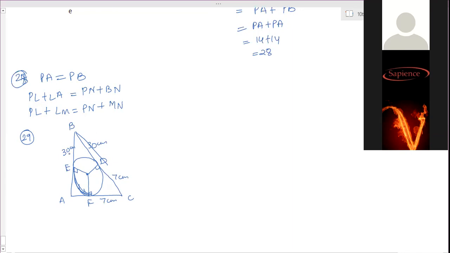BDC is a tangent to the circle. So AF is x. You have to know this is 90 degrees. Therefore a proper diagram is needed.